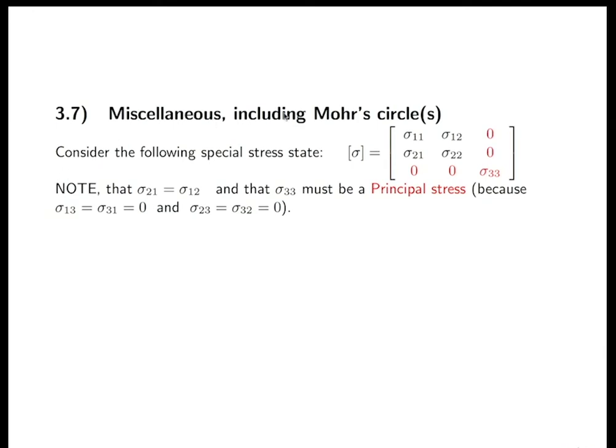Now, consider the following special stress state. We have values on the diagonal, sigma 1,1, sigma 2,2, sigma 3,3. As usual, we have one shear stress component, and we do not have values on the other non-diagonal elements. This is a special stress state, and it is relevant, for example, in a long bar.